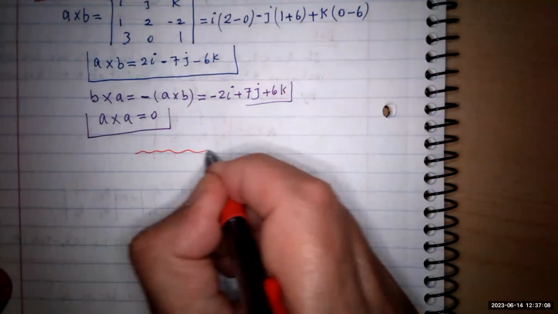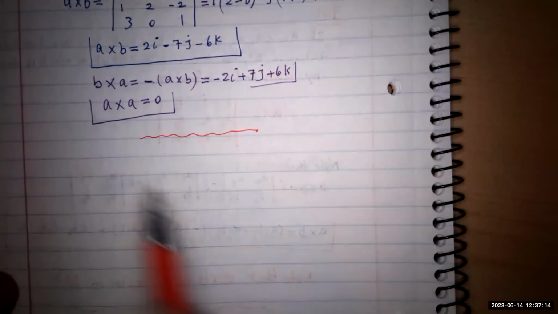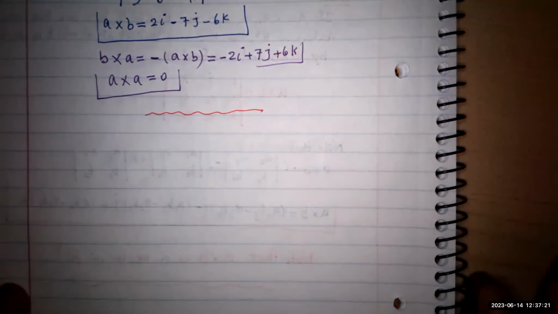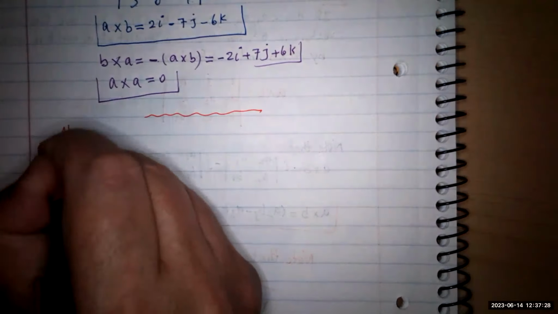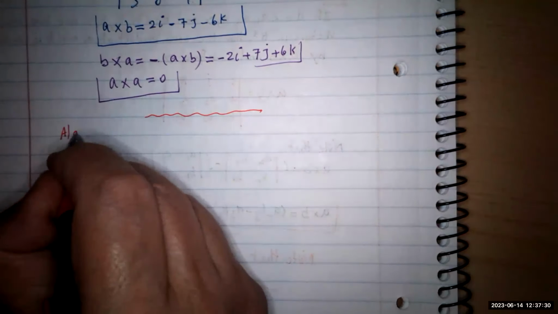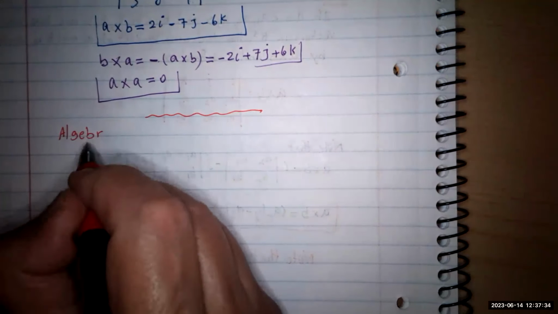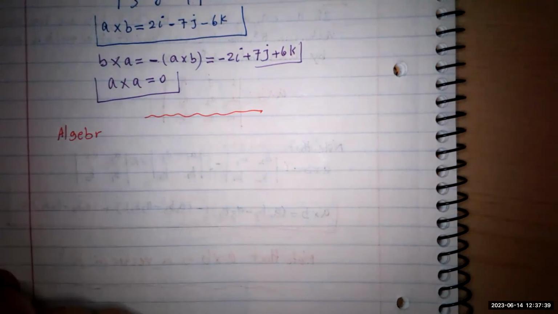There are two types of operations that we're going to have. One of them is going to be algebra. We use a couple of them, but we have to list them so that in case in the future you get these types of properties, you are familiar with them. So we are going to call this one algebraic property. There are two types of properties. There are some geometric ones that we are going to be very much interested in, but we are going to give you this one too.